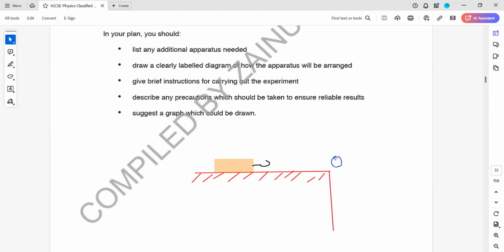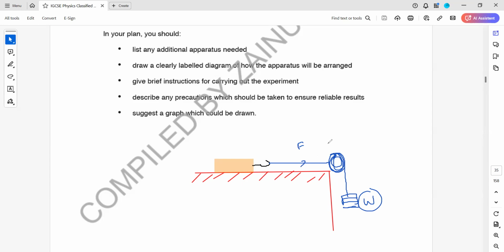So a pulley will be here at this point, and the string attached with the pulley and then to the hook, and the other end is attached. We add a load, because what load we add, that will be the force which is applied here. Like if we add 1 Newton, the force will be 1 Newton. If we add 2 Newton, force will be 2 Newton.